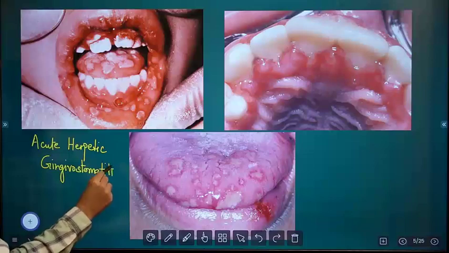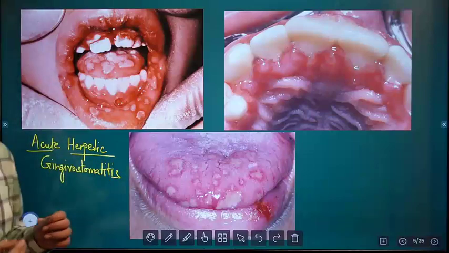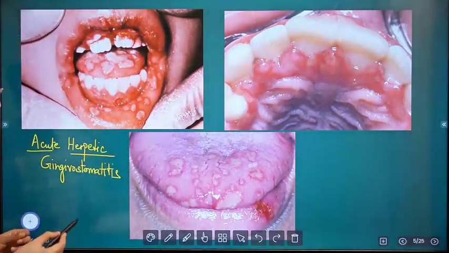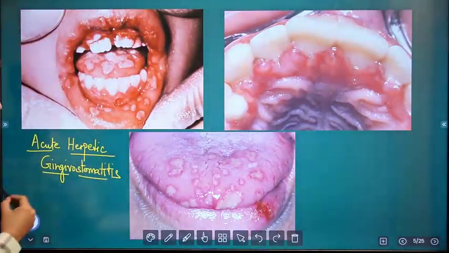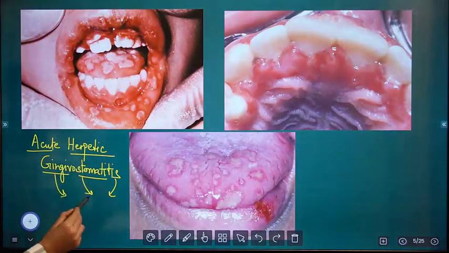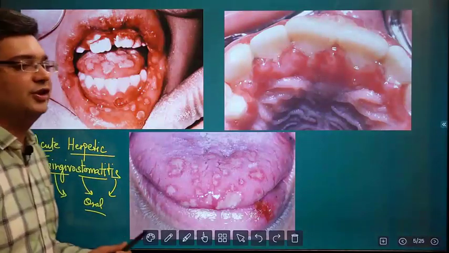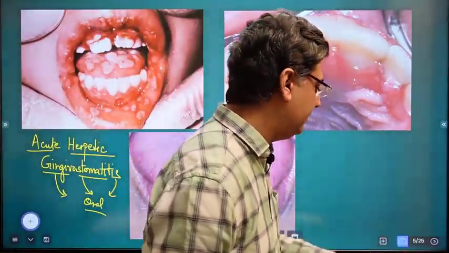As the name suggests, it is acute herpes. That means it is occurring in roughly 3 to 9 days, and it is gingivostomatitis. Itis is inflammation, and gingiva and stoma. Stoma is the oral cavity. So we have the inflammation of the gingiva, which you could see in the previous figure.